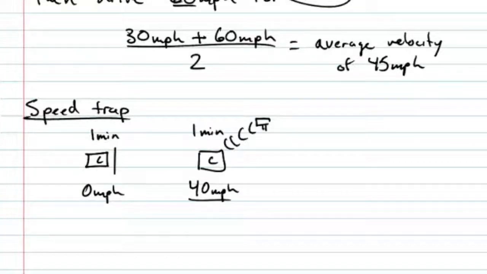Because cops don't use average velocity, they use instantaneous velocity, which we're going to talk about later.